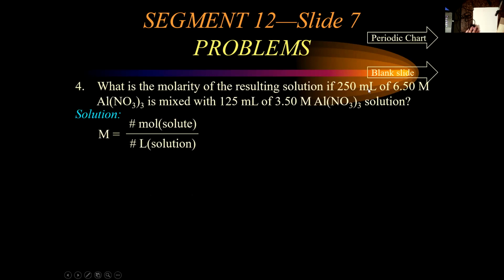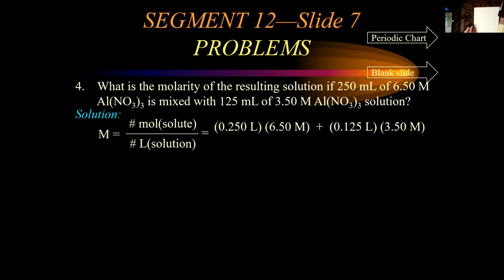Okay, well, I've got 2 solutions that have aluminum nitrate in them, and the total amount is going to be the sum of the 2. Remember the relationship, volume times molarity is moles. So 0.250 liters, or 250 milliliters if I wanted to, times 6.5. That's the number of moles. Volume times molarity is moles.